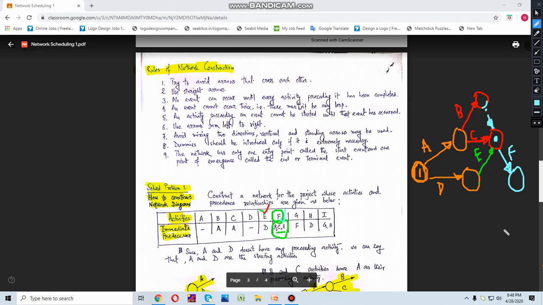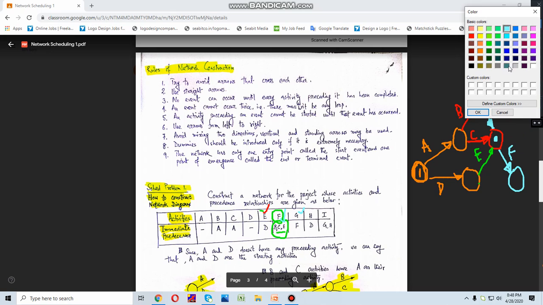Okay, so now move on to G. G is being generated from F. Okay, so let us use a different color here.